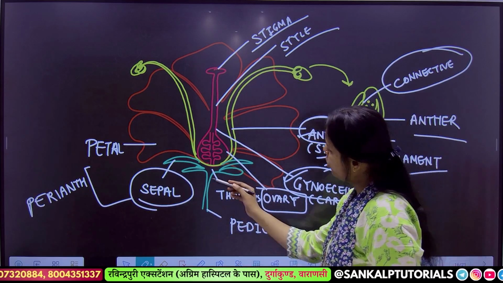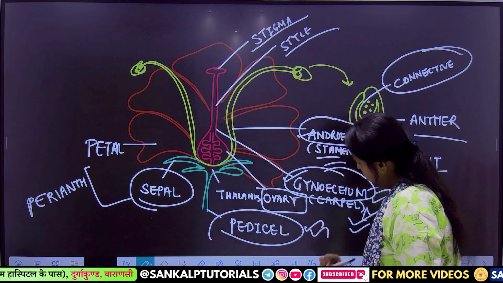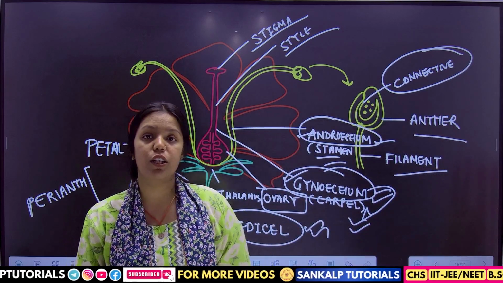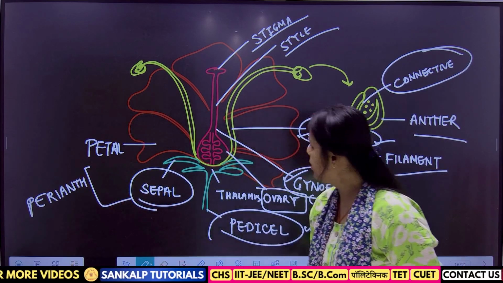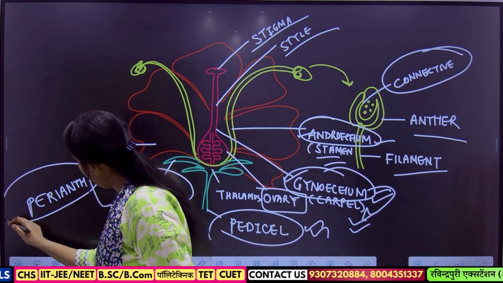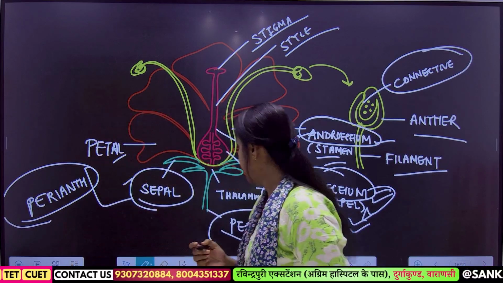And this is the stalk of the flower, known as pedicel. I think you will now know all the terms related to flowers. What is perianth? When we combine petals and sepals, it is known as perianth.